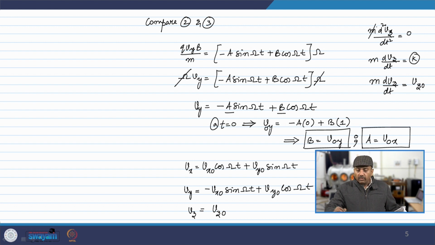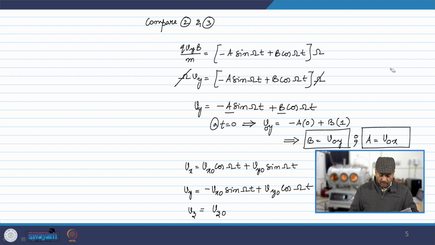We could have gotten rid of the mass here itself, it does not matter. So, dvz by dt is a constant, or vz will be vz0. The velocity along z axis will remain a constant.